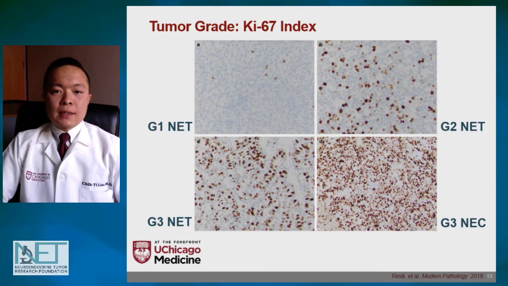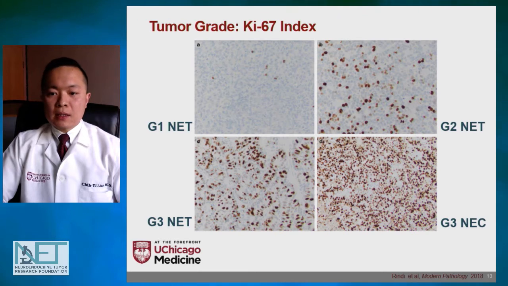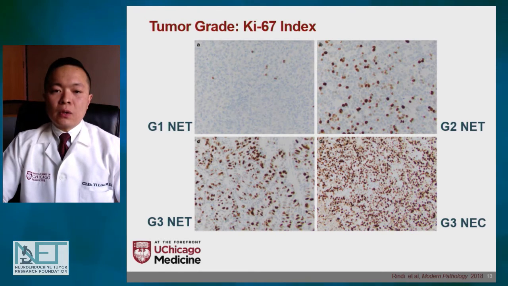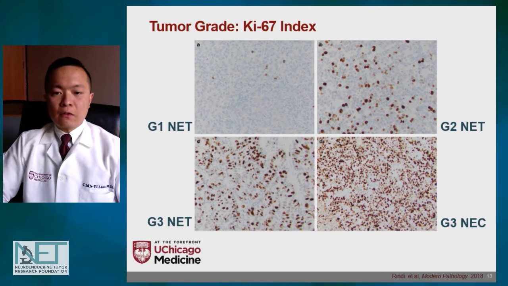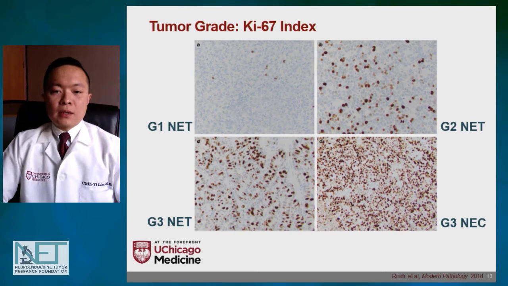Another way to assess tumor grade is something called the Ki-67 index. This is a stain that the pathologist can use to highlight the cells that are proliferating. On the top left-hand side of the pictures, you can see a microscope picture of a grade 1 neuroendocrine tumor.